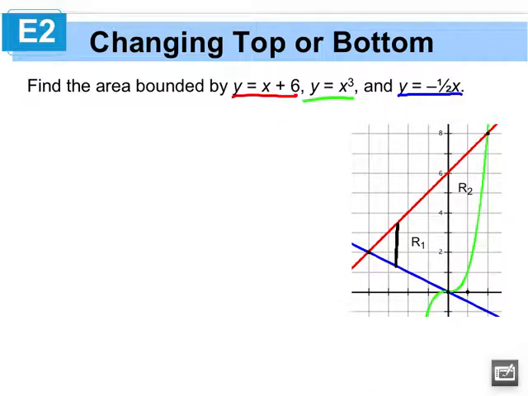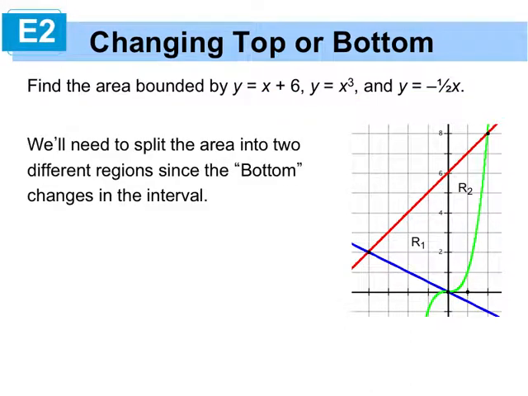It would be x plus 6 minus negative 1/2 x. Perfect. Good. Red minus blue, all of that times dx will give me that first integral. Okay, so there's R1.